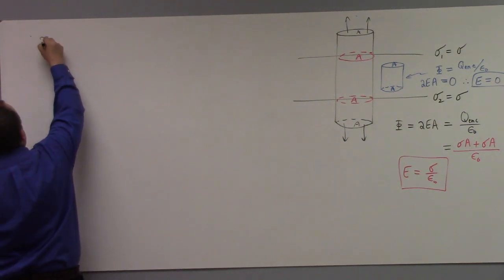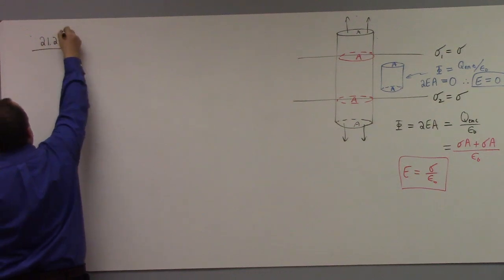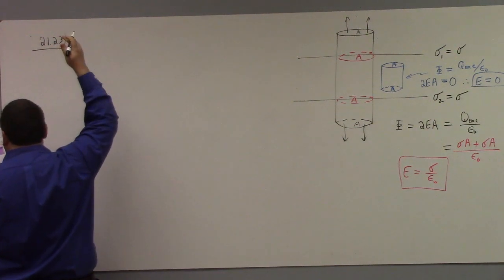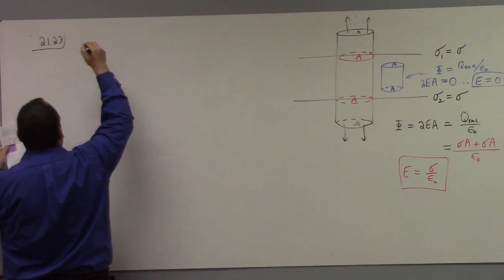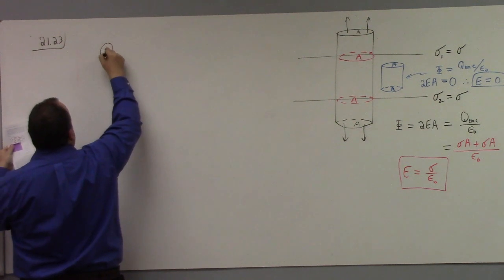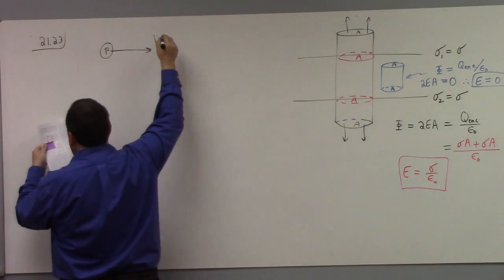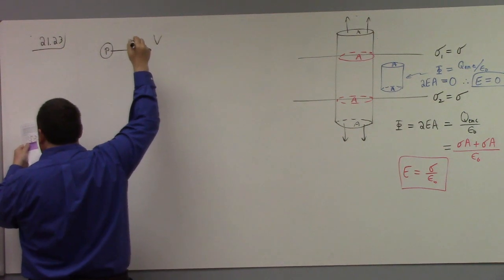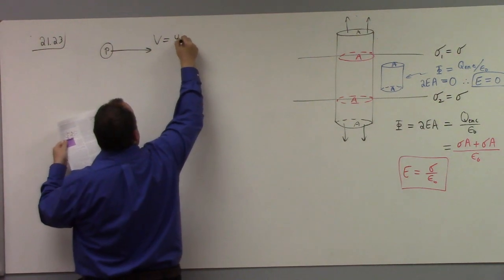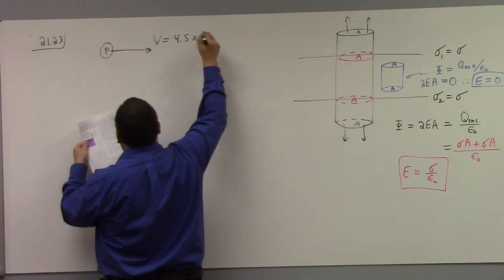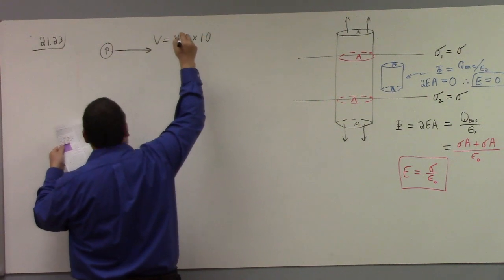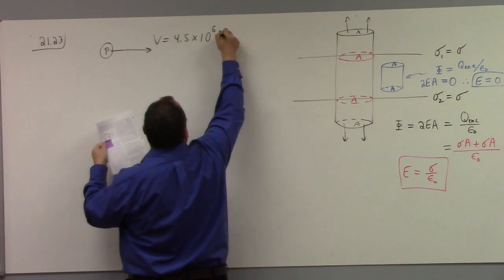So, 23. Here we have a proton traveling horizontally to the right with a velocity of 4.5 times 10 to the 6th meters per second.